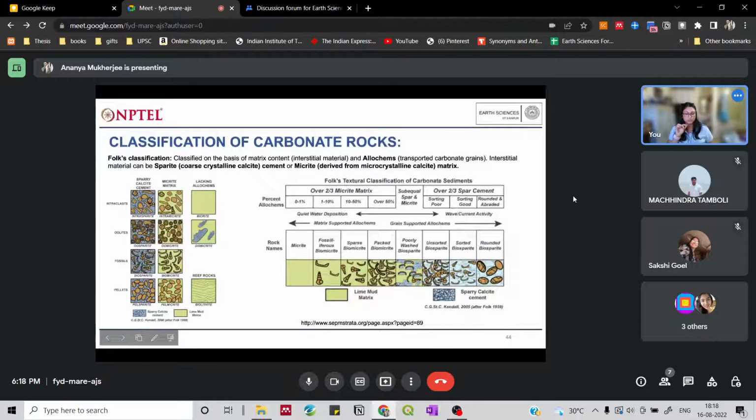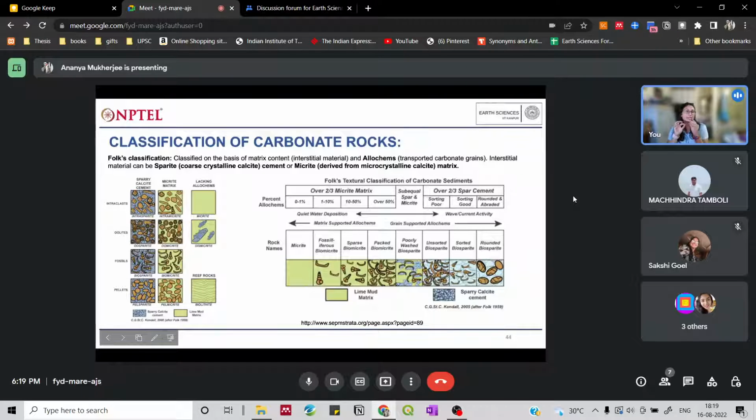The first one is the Folk classification. What is sparite calcite cement? Sparite is crystalline, it looks like mineral crystal. And micrite matrix is not crystalline; it appears like very fine grained material. These are the two kinds of material that can occur between calcium carbonate grains.